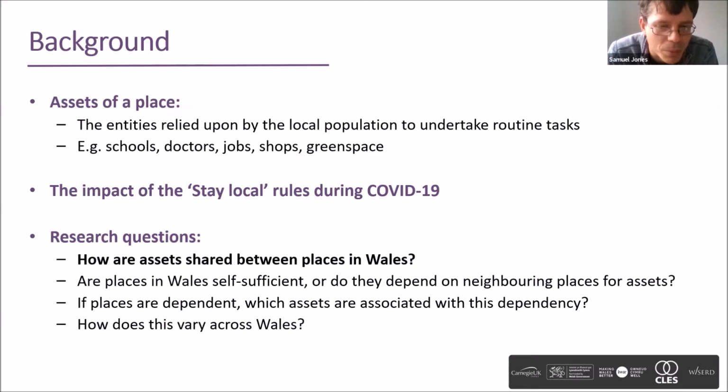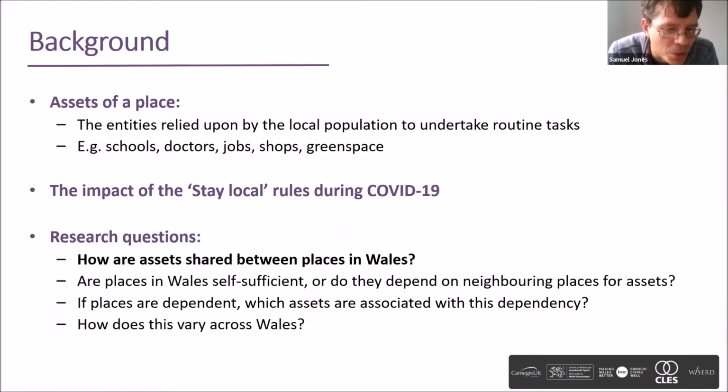I can't remember when, but sometime last spring. So many services and businesses that were still open, like hairdressers, gyms, shops, etc. They were still open at that time, or they'd been reopened by that time. But people were prohibited from leaving the local authority that they resided in, which restricted access to some of these assets.